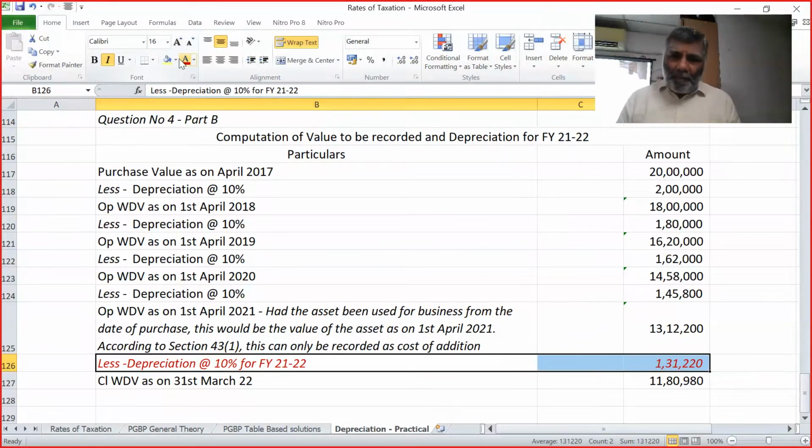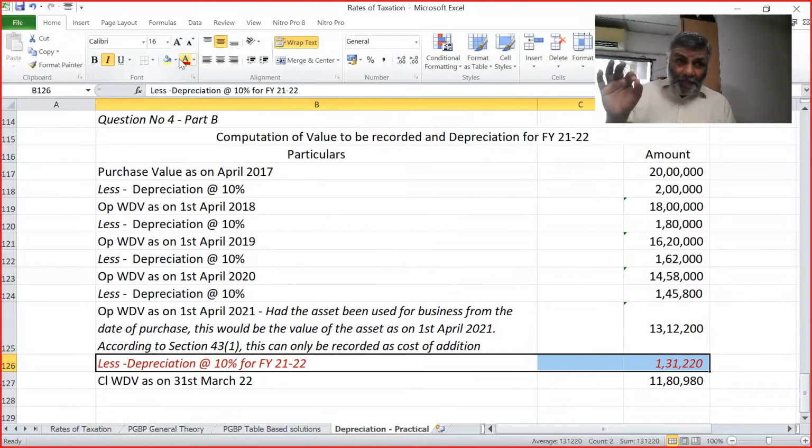The same principle holds good for a foreign company transferring asset to Indian branch or Indian subsidiary. A foreign company which has used some assets, after some period they are transferring it to India for their Indian branch or Indian subsidiary, whatever it is, the same principle.